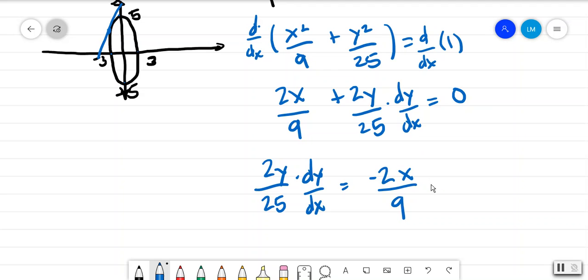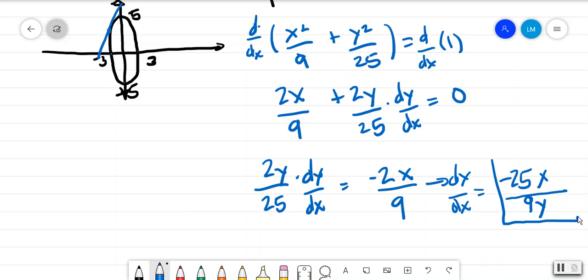dy/dx is equal to negative 25x over 9y. So in this case, we have the implicit derivative of the ellipse with minor axis 3 units and major axis 5 units.